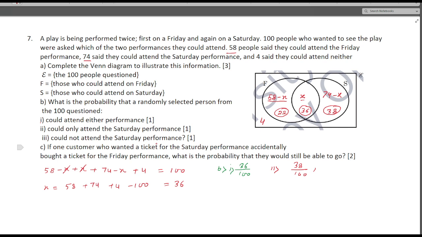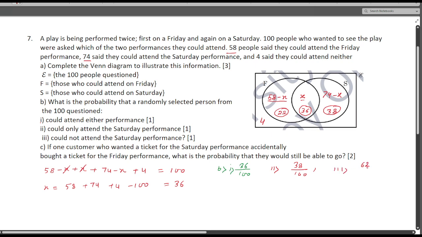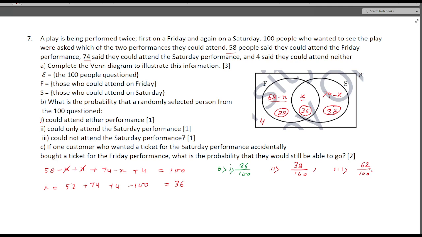So 100 minus 38, that is 62 out of 100. This is the possibility that they cannot attend Saturday's performance. And the C question is, if one customer who wanted a ticket for the Saturday performance accidentally bought a ticket for the Friday performance, what is the probability that they could still be able to go?